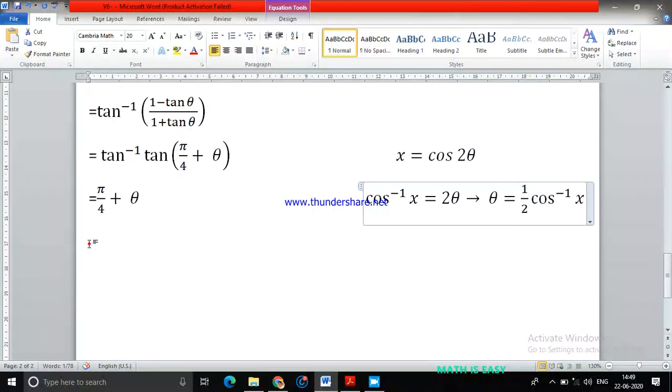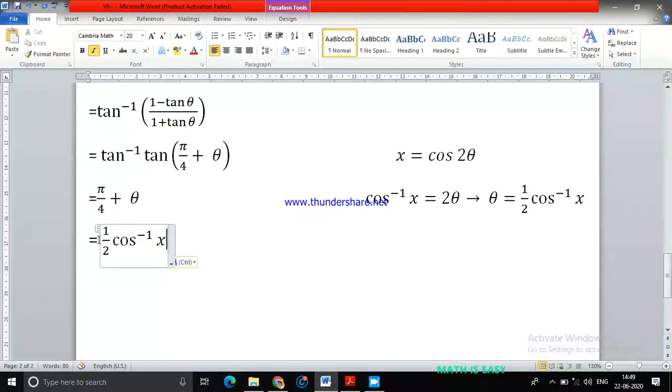So here I can replace finally, in place of theta I'll put half cos inverse x, and this pi by 4 will remain as is here.